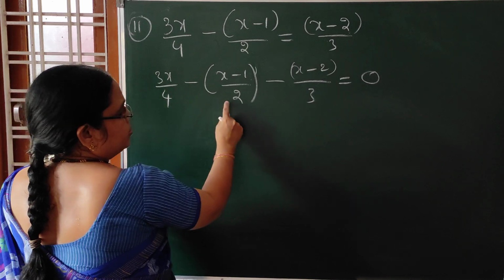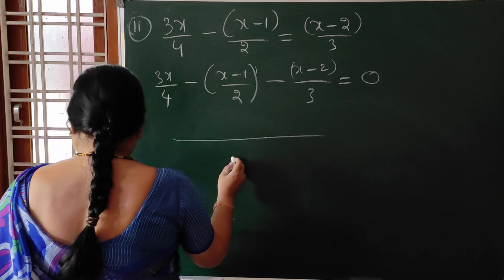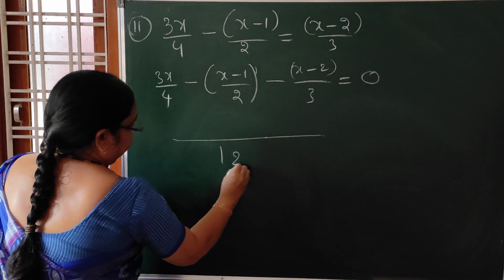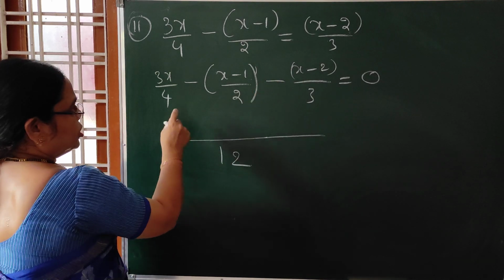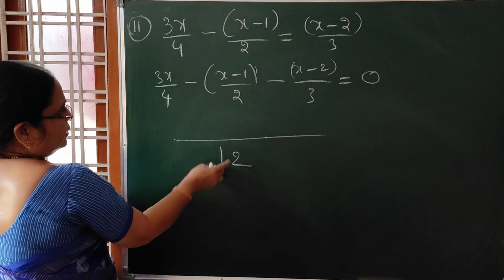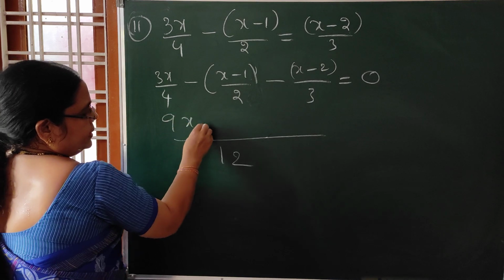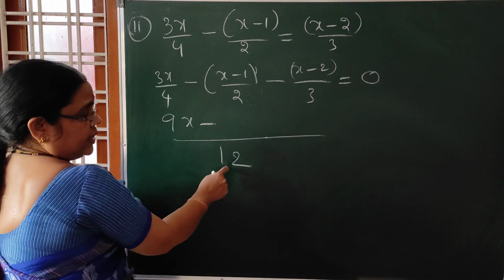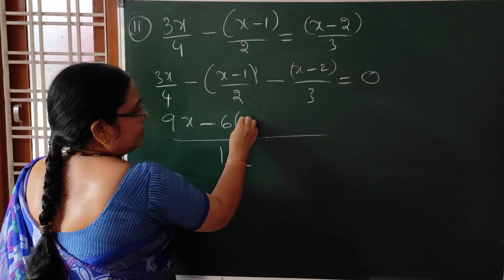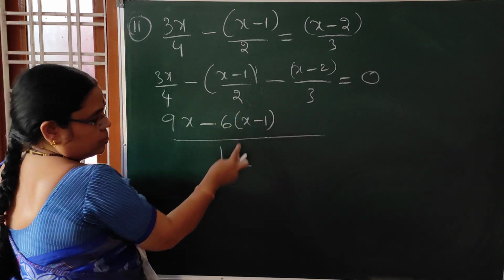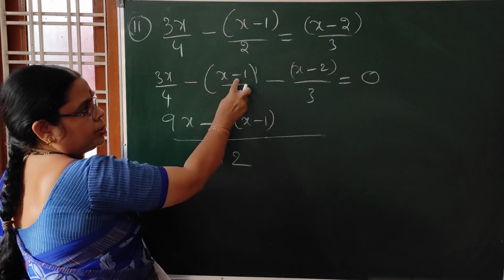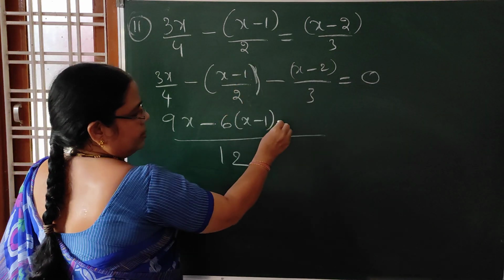Now LCM is what? 4, 2, 3. LCM becomes 12. So 4 3s are 12, 3 into 3 is 9, 9x. Minus 2 6s are 12, 6 into x minus 1. 2 is going here 6 times, 6 into numerator is x minus 1.